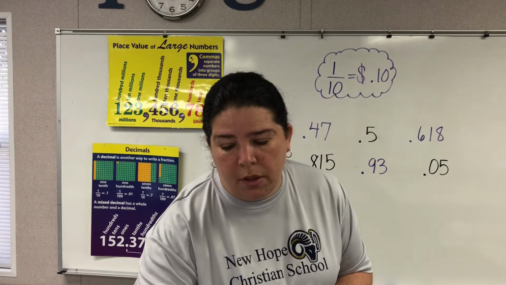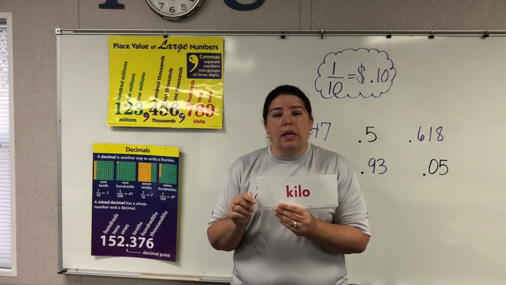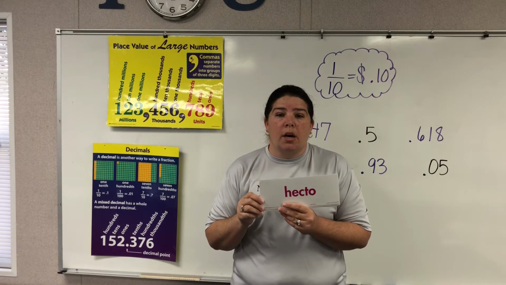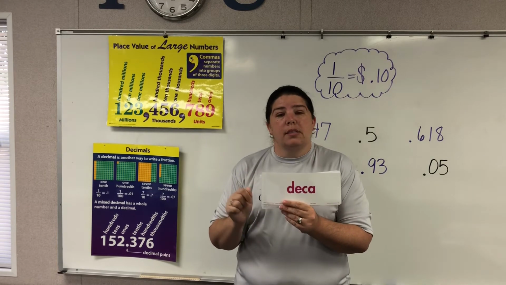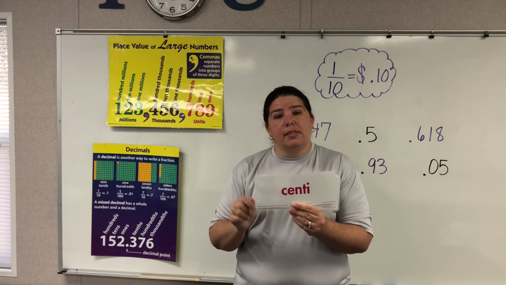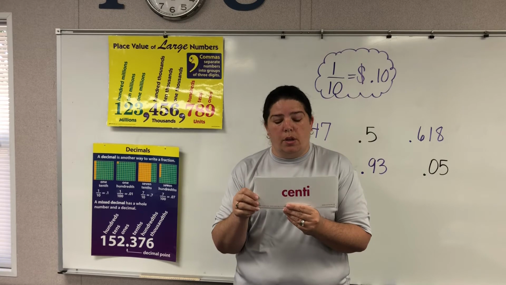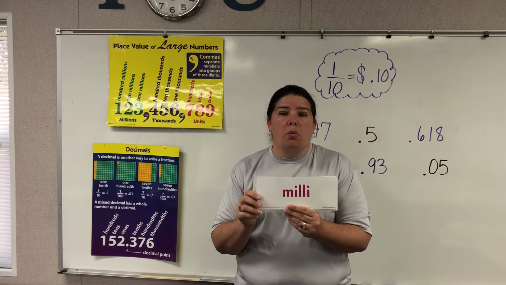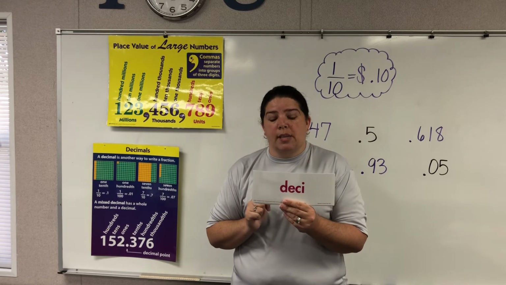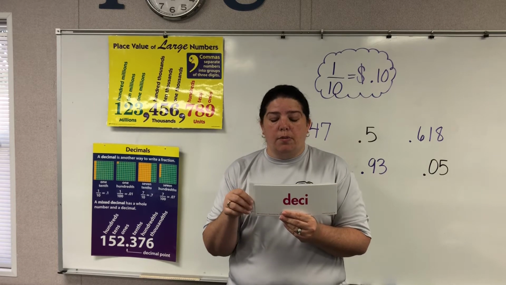We haven't gone over these in a while. Let's repeat after me. Kilo equals 1,000. Hecto equals 100. Deca equals 10. Centi equals 1/100th. Milli equals 1/1000th. Deci equals 1/10th. Let's see how fast you can go. I'm going to just give you the answer.